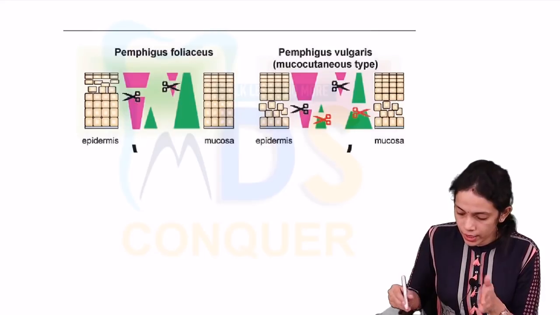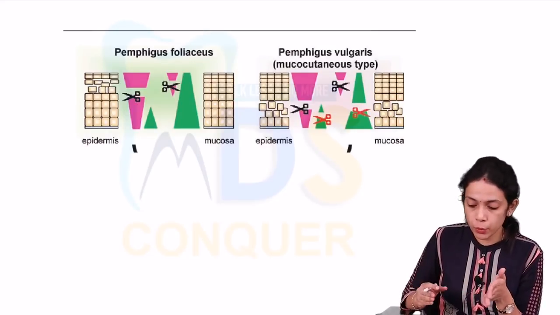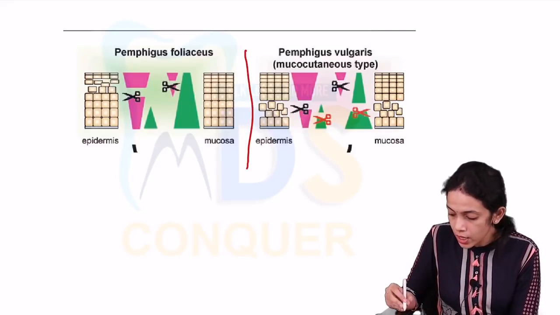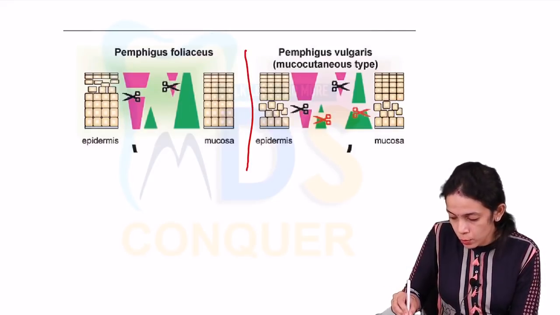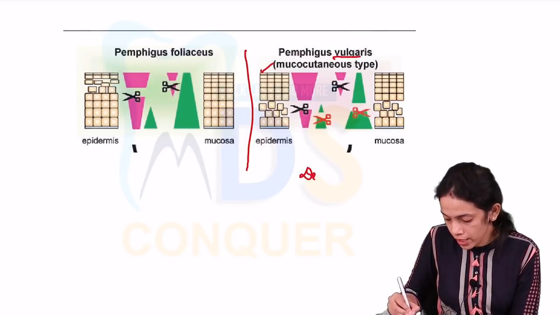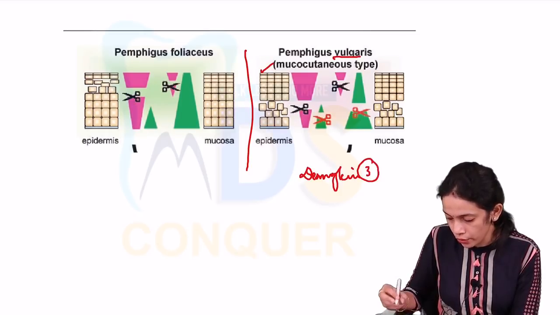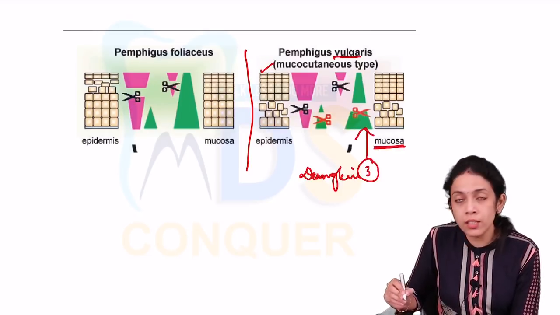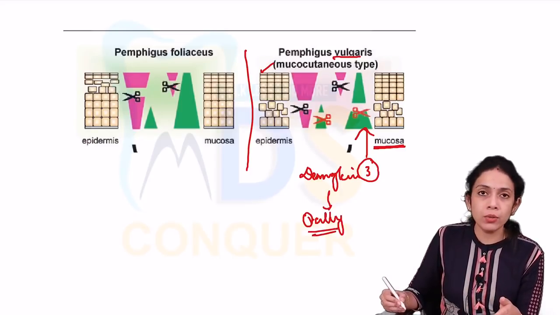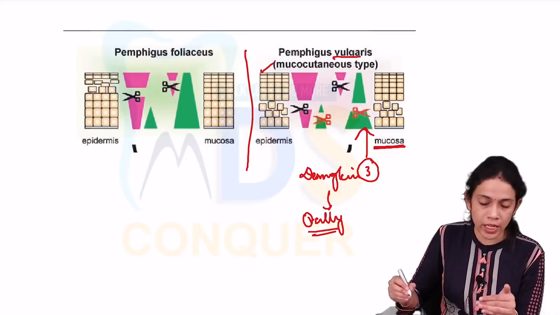Now if you see the differences here between pemphigus foliaceus and pemphigus vulgaris based on the etiology. In pemphigus vulgaris, the mucocutaneous type, as I said, the autoantibodies are predominantly against desmoglein 3, right? So this is with the mucosa. That's the reason the oral lesions are first and more prominent when compared to the skin lesions in pemphigus vulgaris.